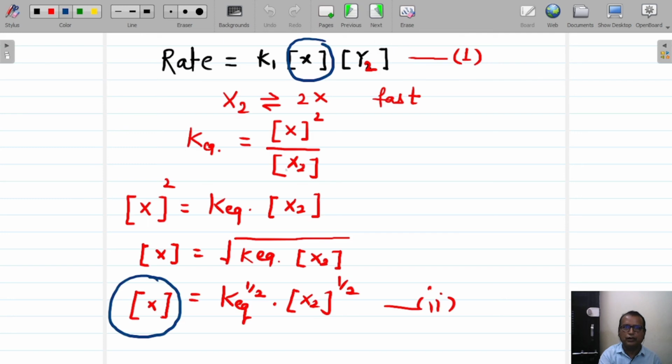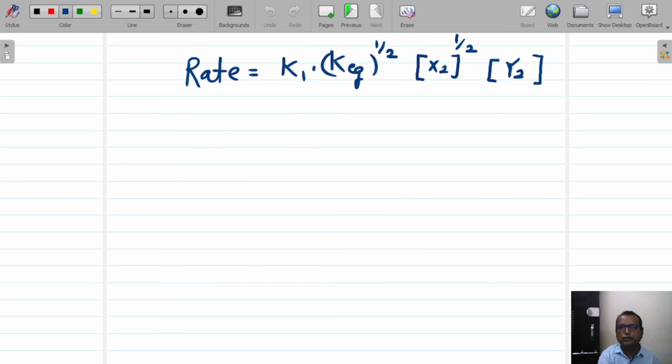Look at the back side: K1 and concentration of X is equal to K equilibrium raised to power half, X2 raised to power half. Put this value here, and when we put this value, the equation becomes K1 into K equilibrium half, X2 raised to power half, and this is Y2.